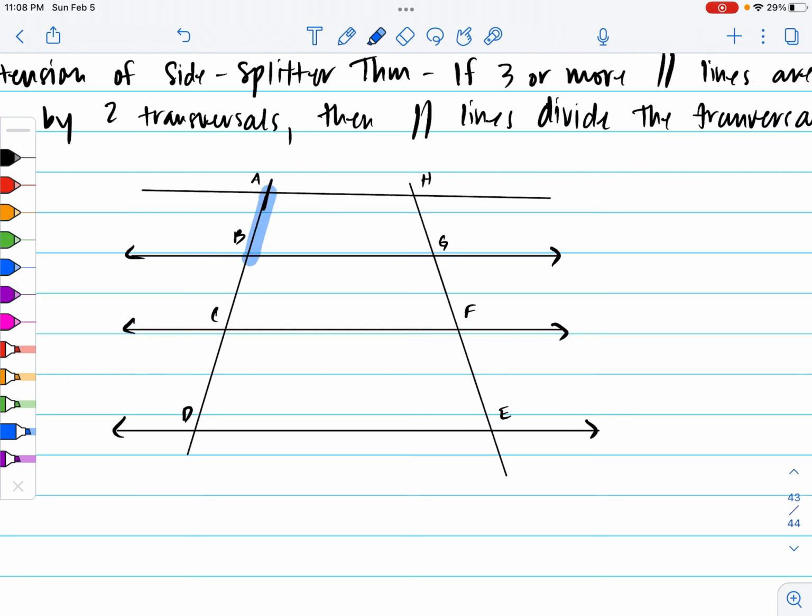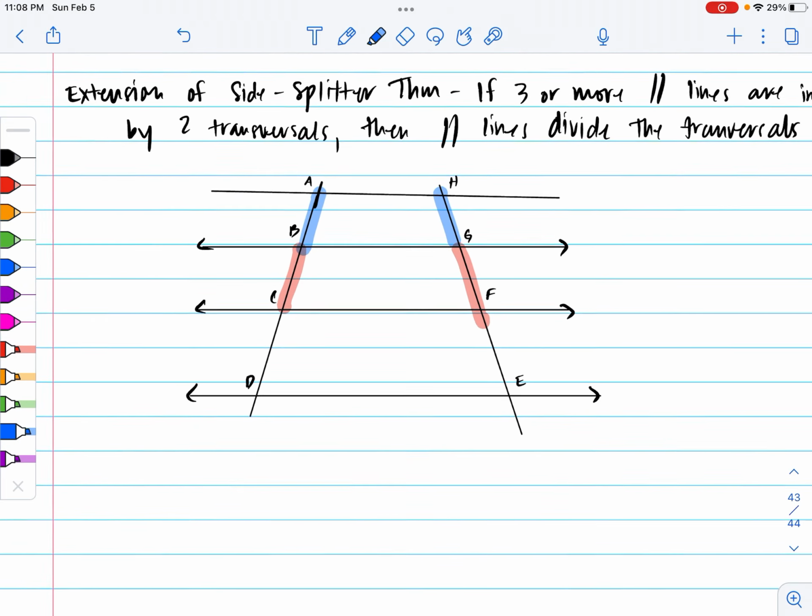Then we have proportions that stick out. AB becomes proportional to BC, along with HG being proportional to GF.